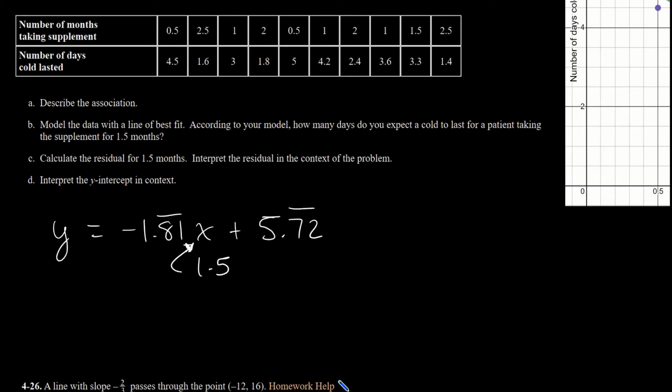But when I plugged in an X value of 1.5, my model gave me a value of 3.005. I'd say pretty much 3. So yeah, I would call that 3. So I would just say, hey, 1.5 predicts that your cold will last for 3 days.